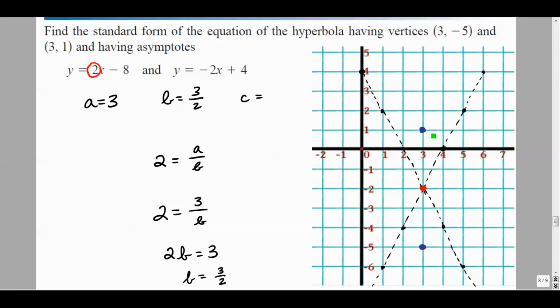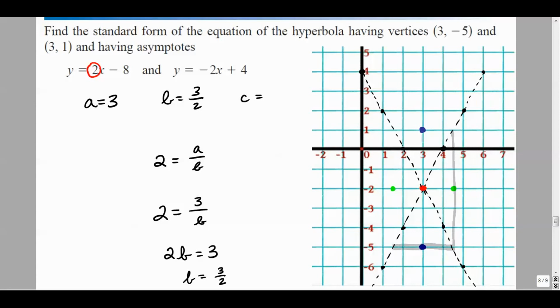And what that actually translates to is the distance from the center to the end point of the conjugate axis. So you just go over 1.5, go over 1.5, and the cool part about this is that you can confirm that it works out, because it should form a nice rectangle, and it does.